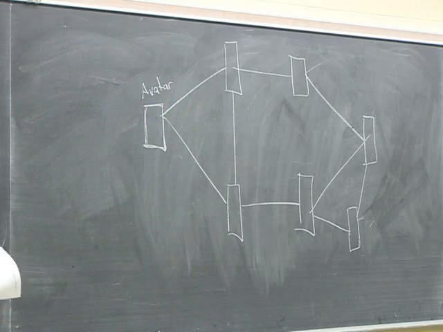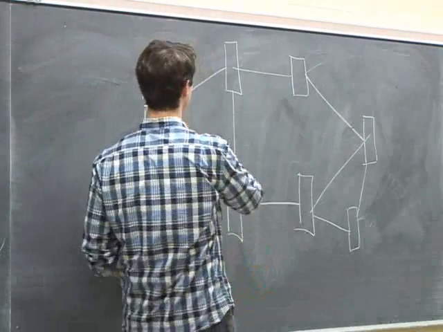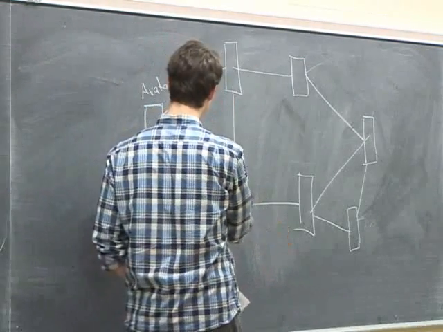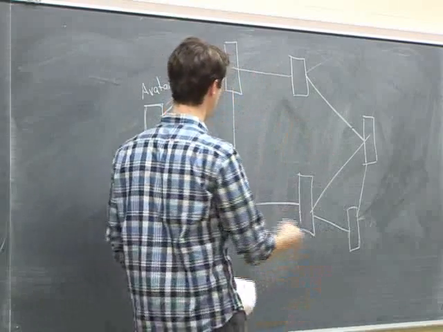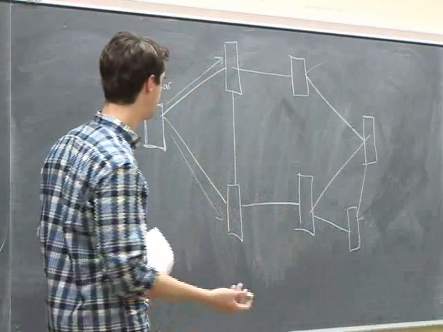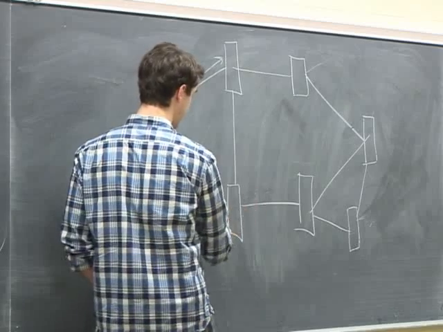How does it do that? Well, the only thing it can do is ask its neighbors. So it will send a query to its neighbors saying, do you have avatar? And its neighbors, if they do, will respond. Let's say this one does, it says, yeah, I have avatar.